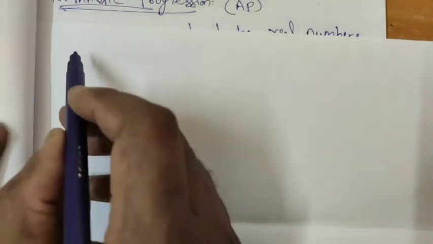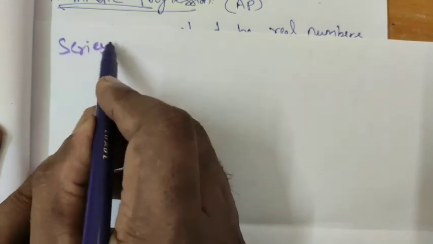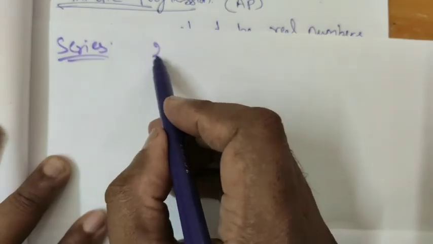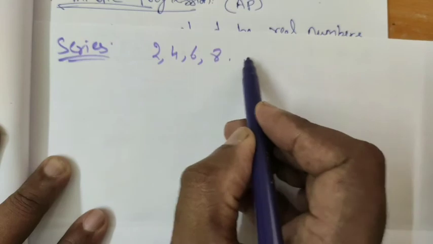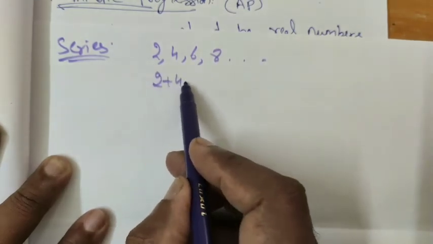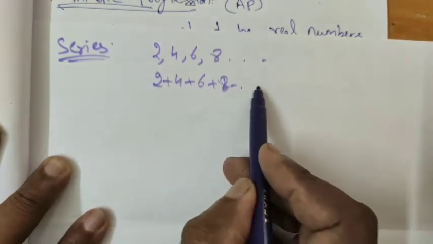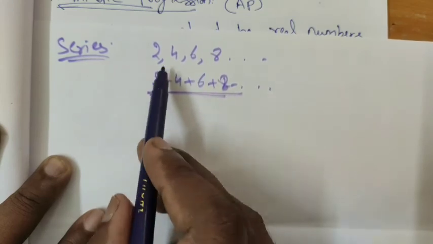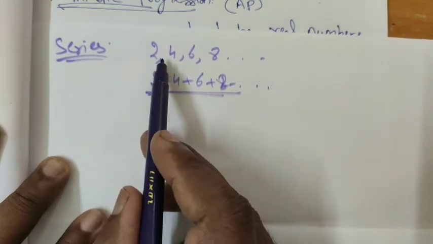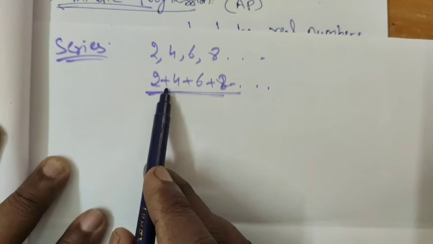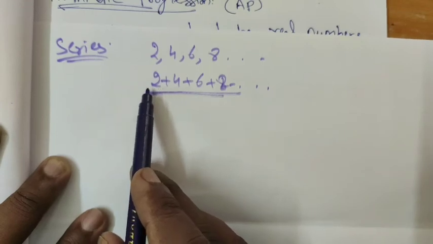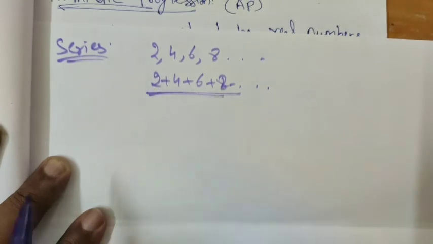Next title is series. When a sequence like 2, 4, 6, 8 is added together, we call it a series. When using only commas, it is a sequence. When using the plus symbol, it is a series, the sum of the numbers.